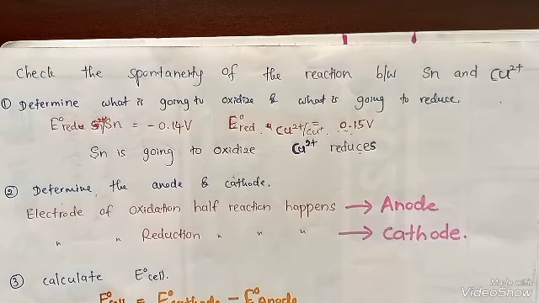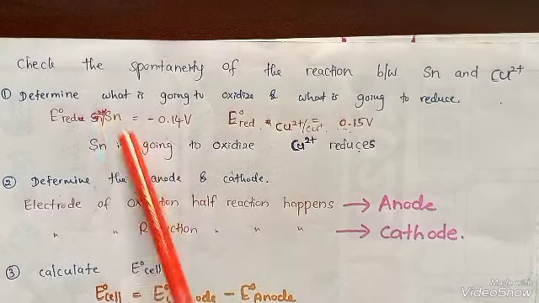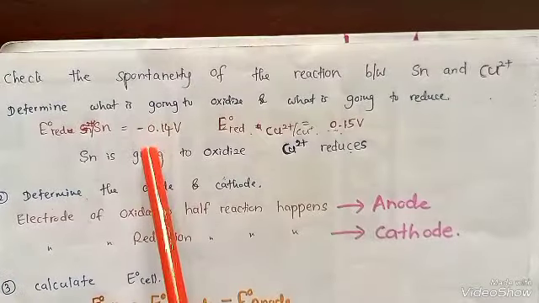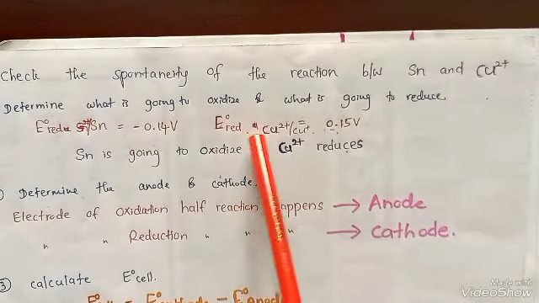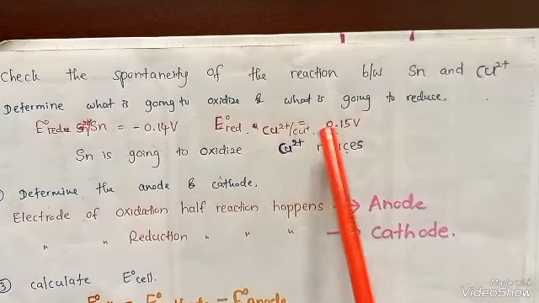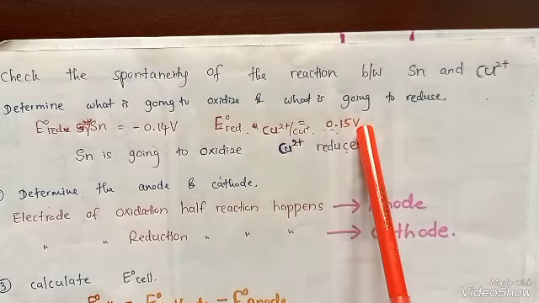Now let's look at this example. Check the spontaneity of the reaction between tin and copper 2 plus. Determine what is going to oxidize and what is going to reduce. Here the standard reduction potential for tin is minus 0.14 volt and the reduction potential for copper 2 plus is 0.14 volt.